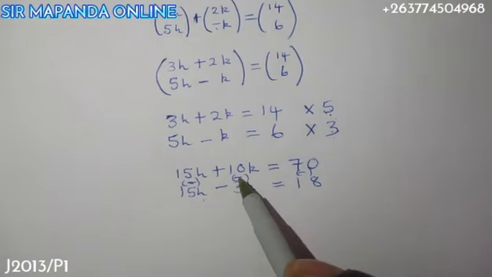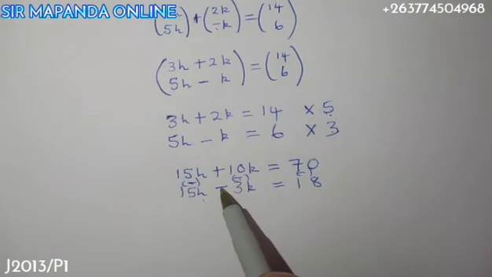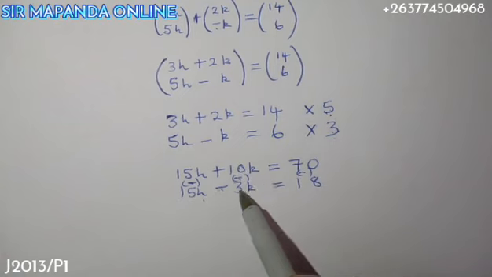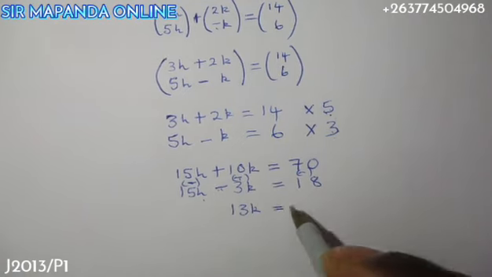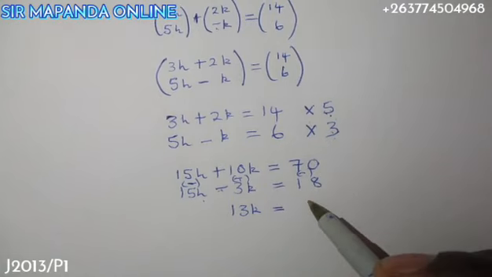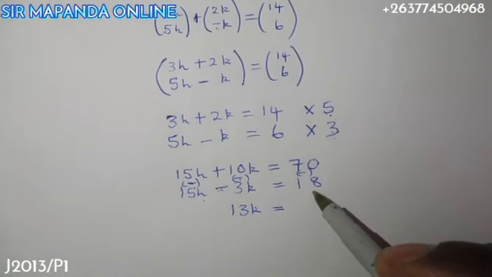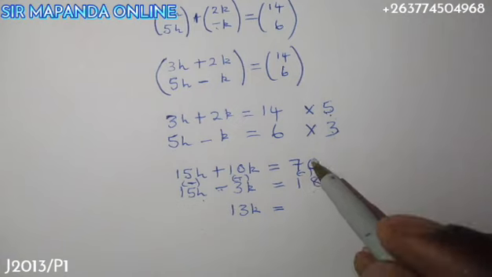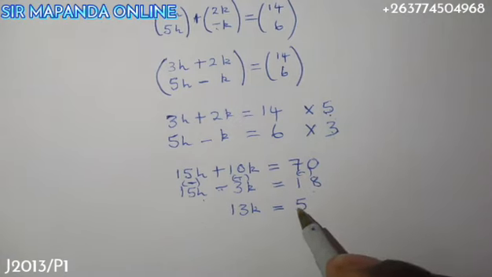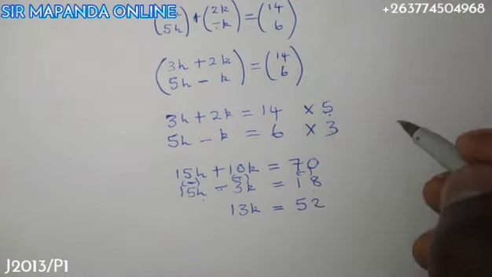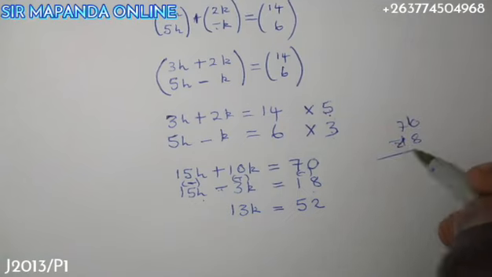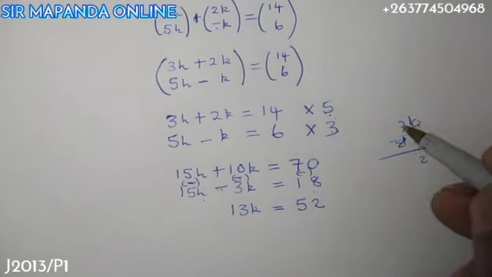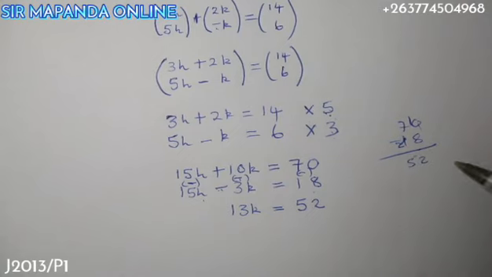Then this negative sign and this negative sign give you a plus, so it becomes 10 plus 3, which is 13k. Then what is 70 minus 18? You get 52. There is a placeholder you carry here: 10 minus 8 is 2, then 7 minus 2 is 5.